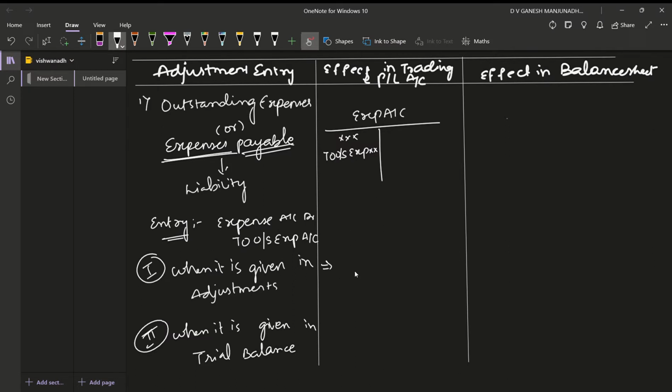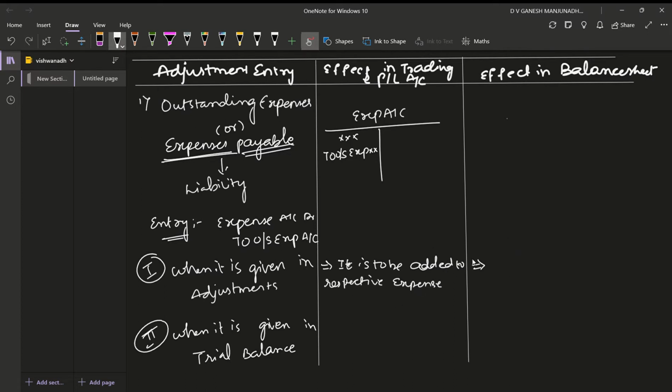It is to be added to the respective expense when it is given, so this is the effect on the income statement account.